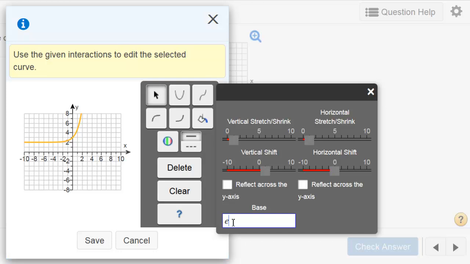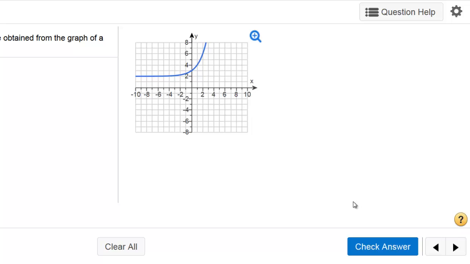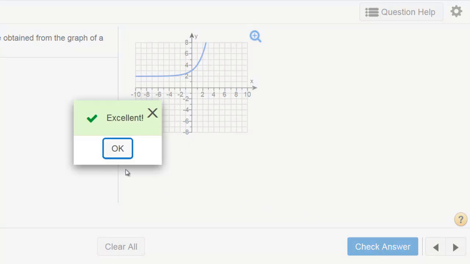Almost forgot to change the base. Right now it's graphing e to the x plus 2, but we want to graph 2 to the x plus 2. So change the base from e to 2. We've shifted it 2 units in the positive vertical direction. Close out this window. Click Save, check the answer, and we're good.